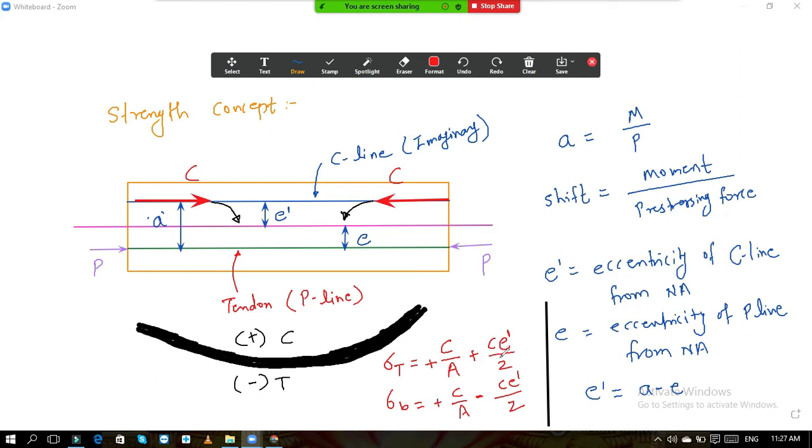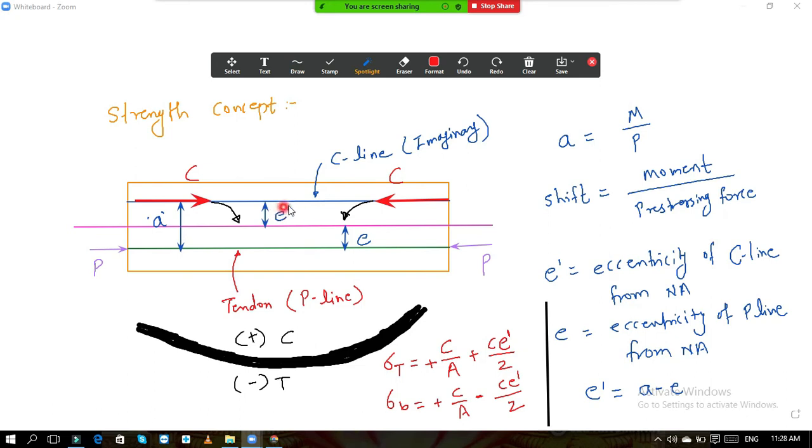So this is how we calculate the resultant stresses when your C line is above the neutral axis. But when your C line is below the neutral axis, this sign convention changes.